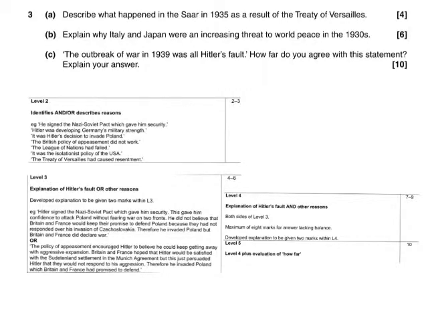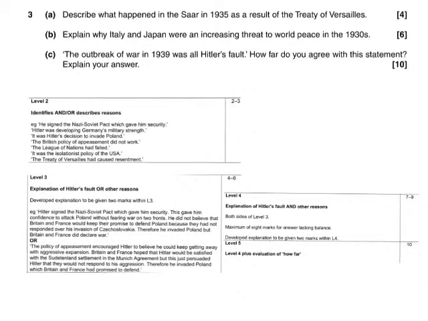This gave him confidence to attack Poland without fearing war on two fronts. Obviously not going to have to fight Russia because he's got a pact with them. He did not believe Britain and France would keep their promise to defend Poland because they had not responded over his invasion of Czechoslovakia. Therefore, he invaded Poland. But Britain and France did declare war.